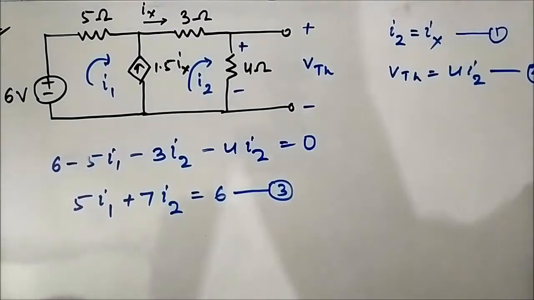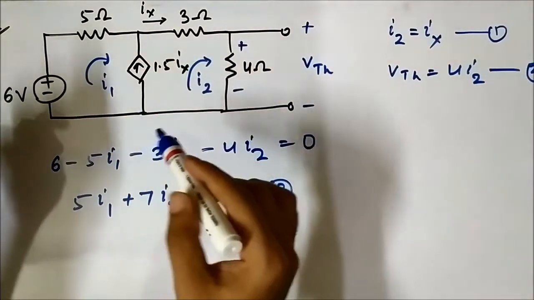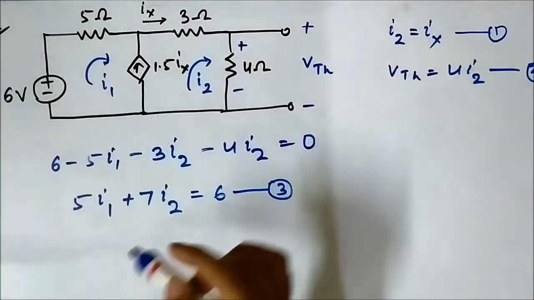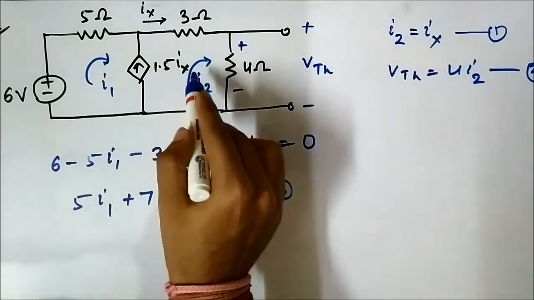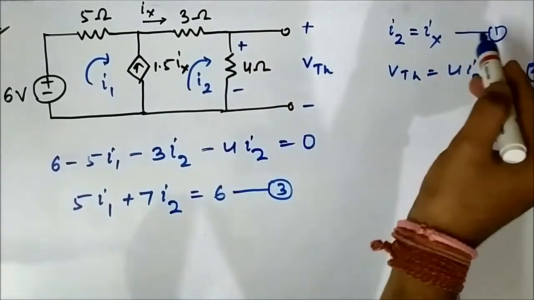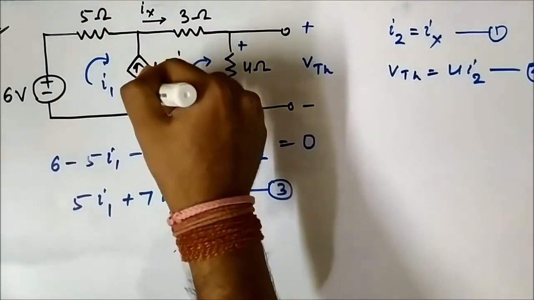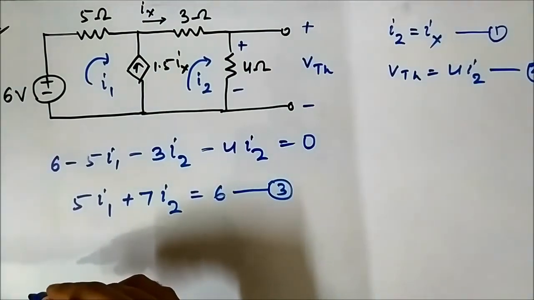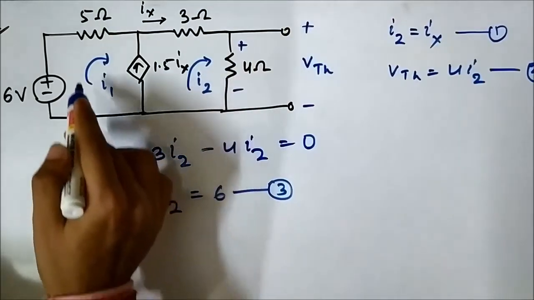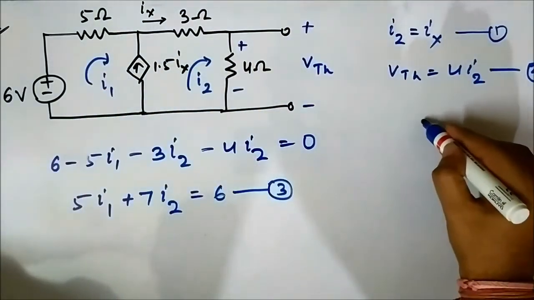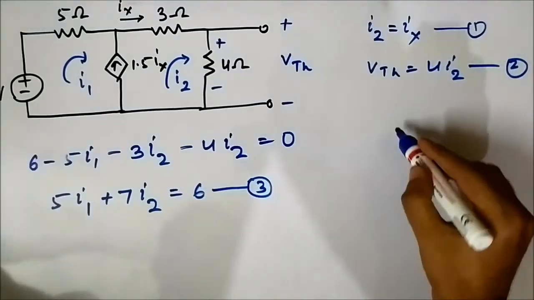And another important equation is the auxiliary equation correlating the two mesh currents. Here this current source has a value 1.5 Ix or 1.5 I2, since I2 is equal to Ix. The direction of it is upward. Through this I1 is flowing downwards. Let me draw it here to make you understand in a better way.